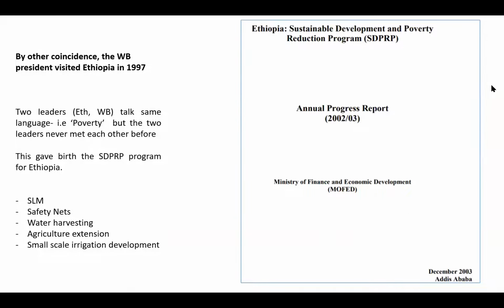Coincidentally to the ongoing ADLI program, the World Bank President Joseph Stiglitz visited Ethiopia in 1997 and met with Prime Minister Zenawi.